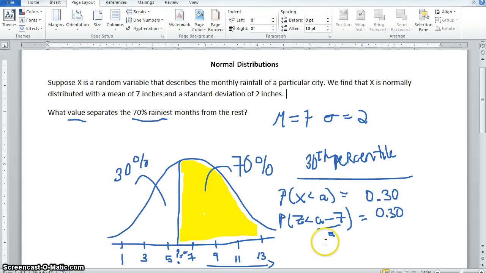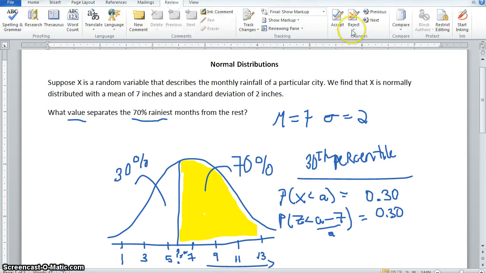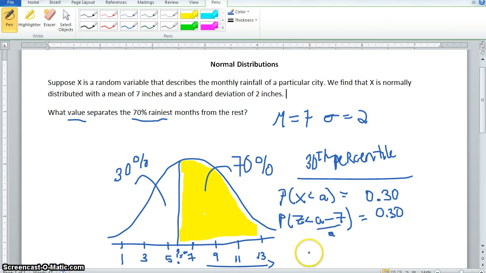So that means that the area that falls below negative 0.53 on the standard normal table is equal to 0.3. So that means that A minus 7 divided by 2 has got to be equal to negative 0.53, or somewhere close to that. Okay, so now how can I find this value? We simply multiply by 2 and add 7.